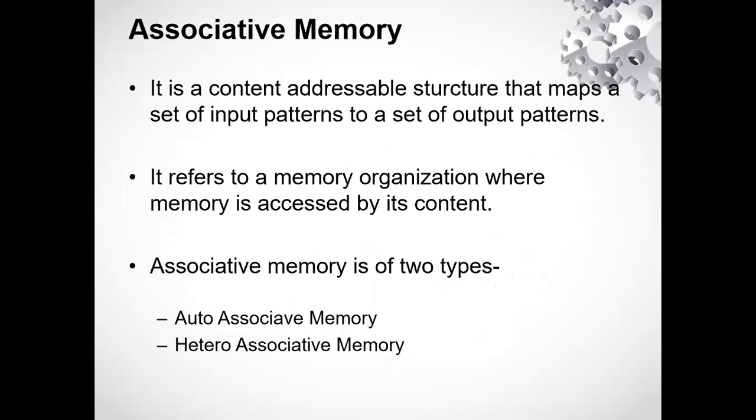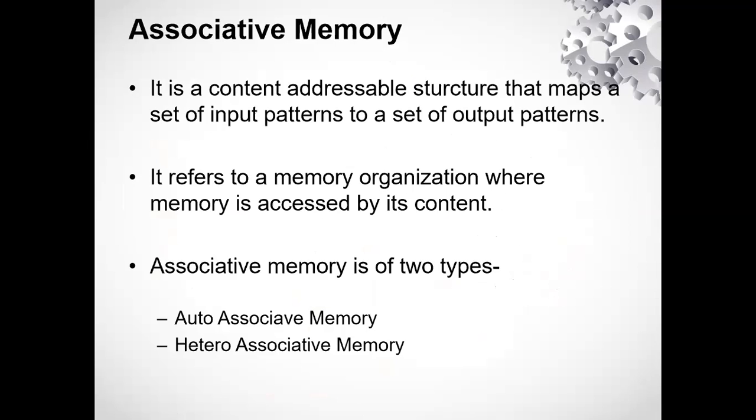Now we learn about associative memory here. What is associative memory? It is a content addressable structure that maps a set of input patterns to a set of output patterns. It is just like memory, that means we have a certain space where we can store some pattern or content.